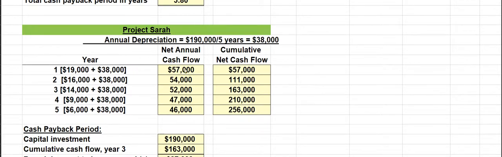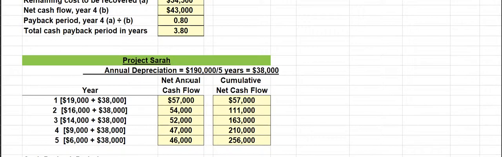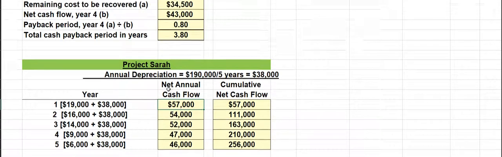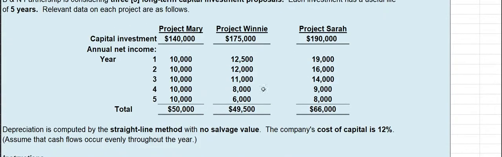Again, because the annual cash flow is different for each year, we will have to calculate the annual cash flow separately. And so we take the initial investment for this third project, Project Sarah, and it's straight line depreciation.